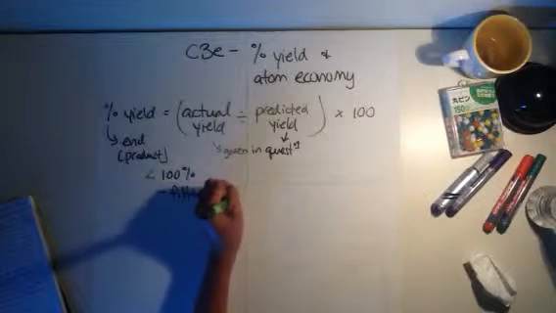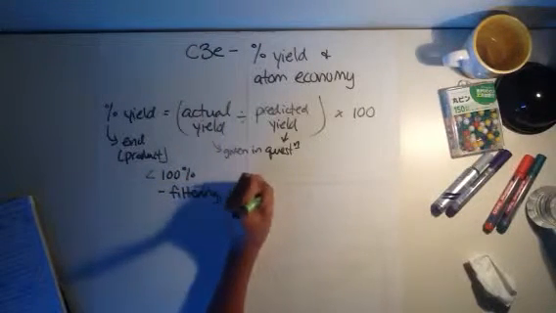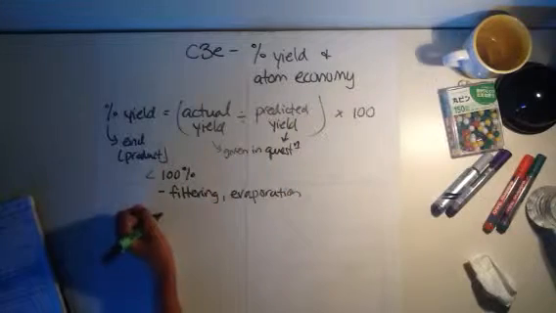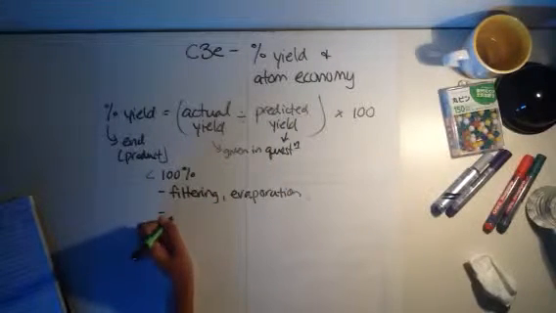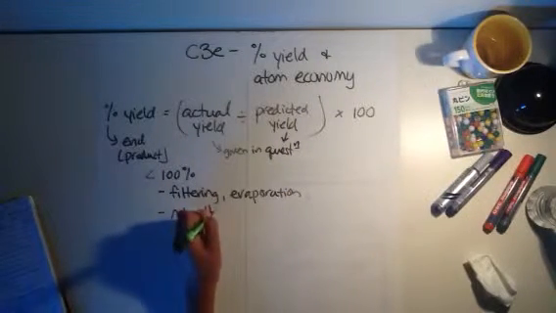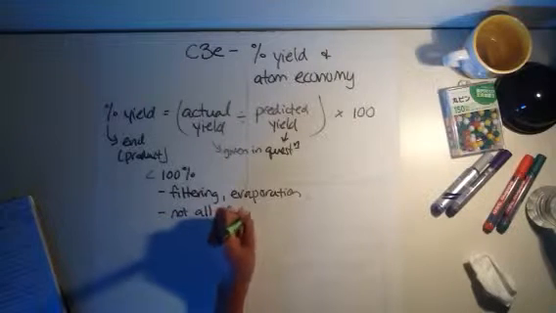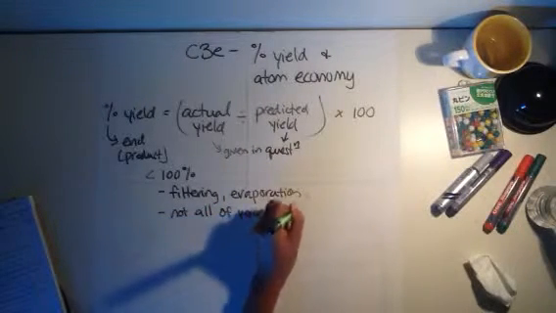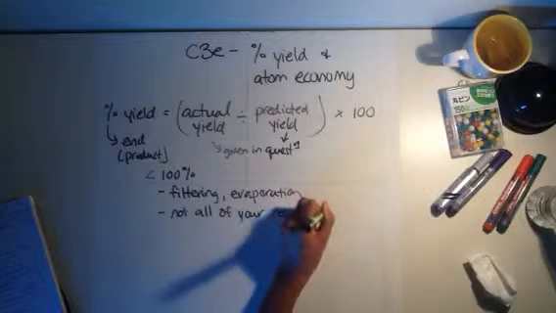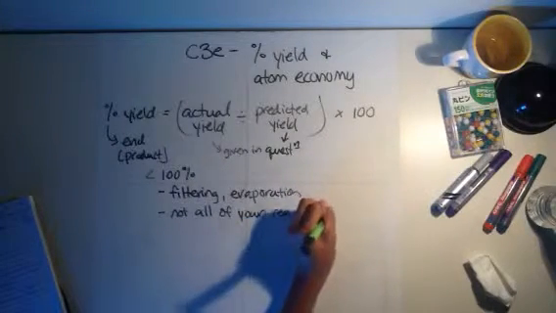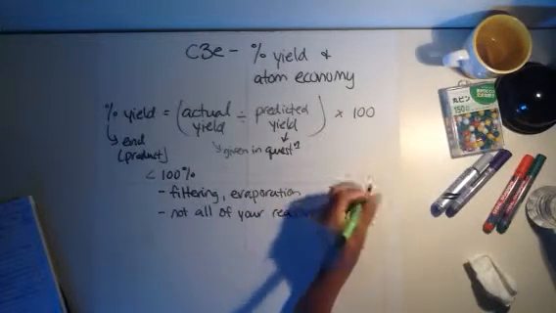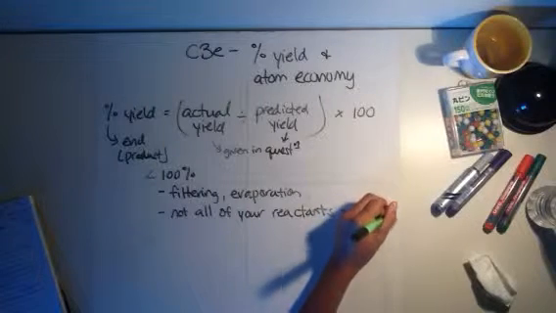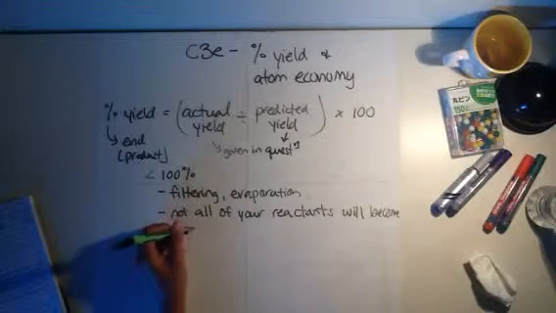It can be lost through evaporation, or just any simple process in which not all of your starting product, or not all of your reactants, that's also your starting product, okay, reactants and starting product are the same thing, not all of your reactants will become your end product or your products.